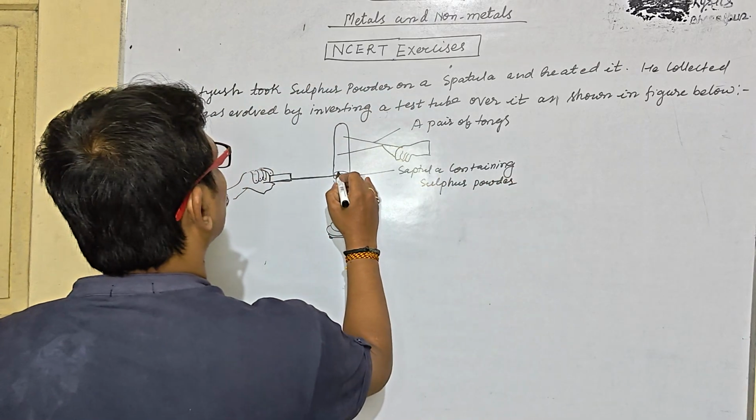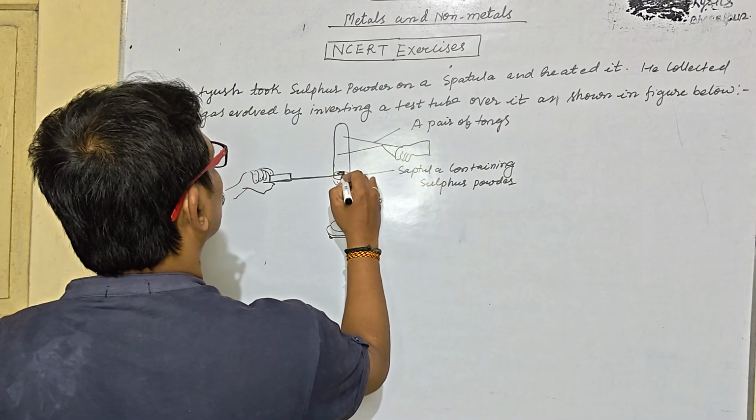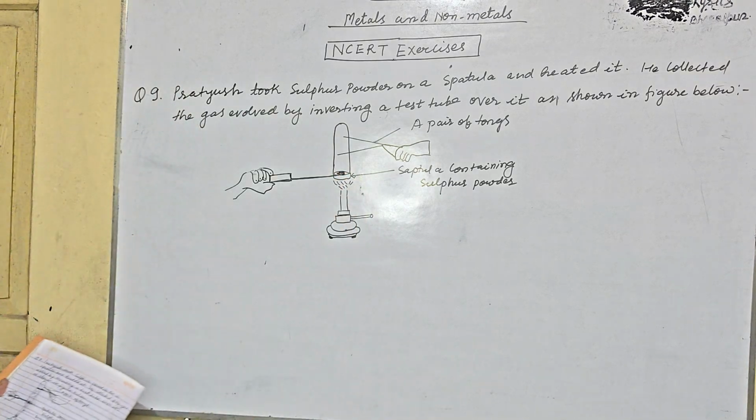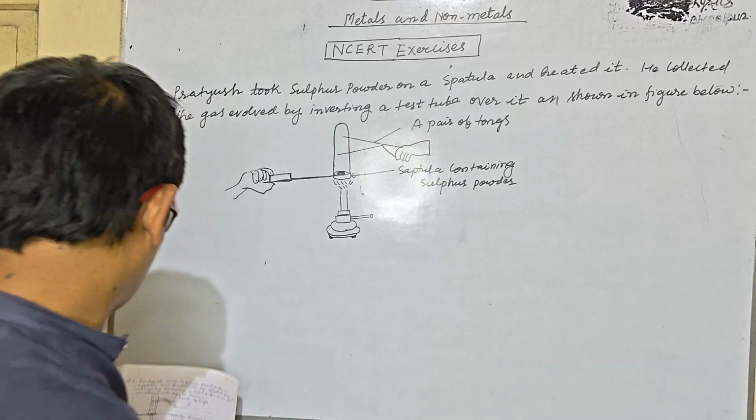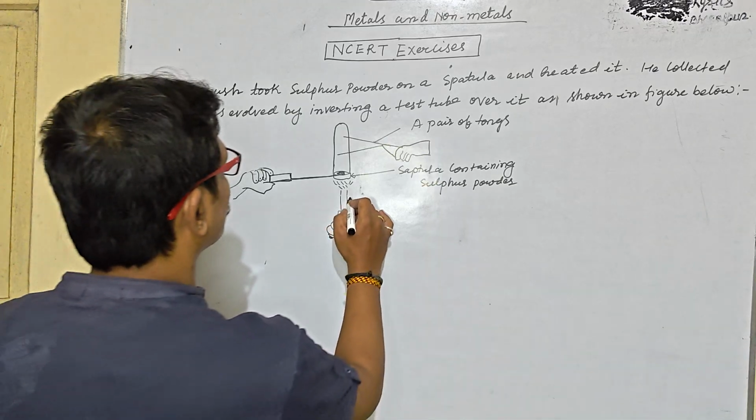Look, there is a powdery substance. Okay, this is the spatula containing sulfur powder. This is the burner.